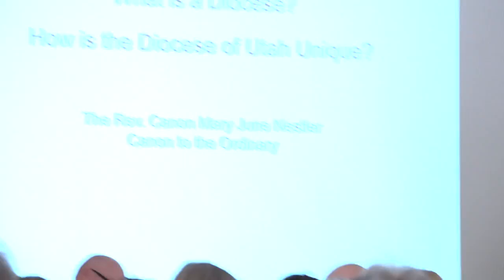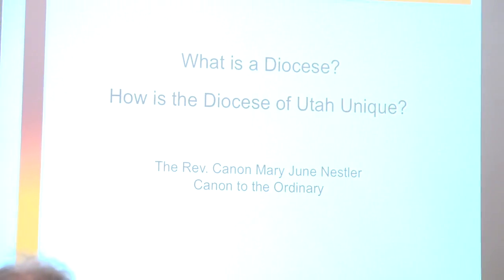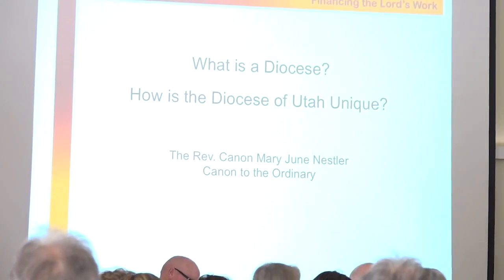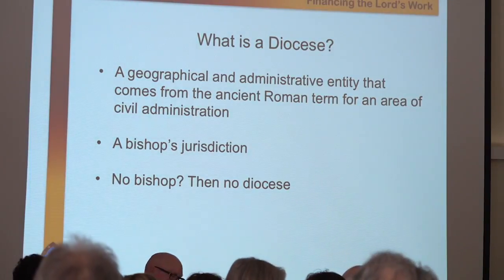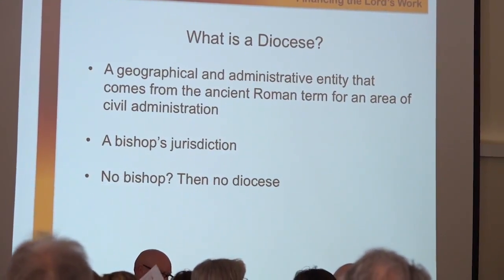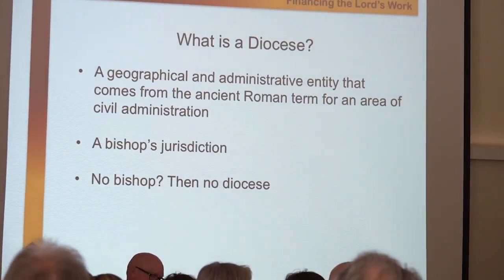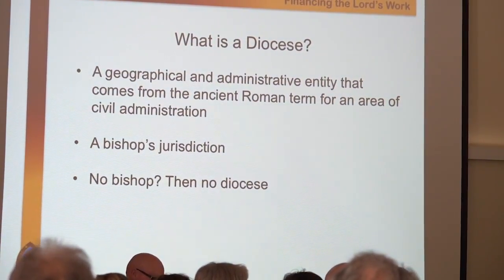Okay, let's move on to my presentation called What is a Diocese and How is Ours Unique? There may be some real surprises in this for many people, not for others. But what is a diocese? It is simply a geographic entity, and that's important. In the Anglican Communion, real estate determines our boundaries in all but 2 cases.